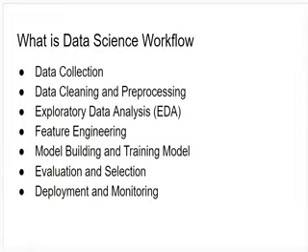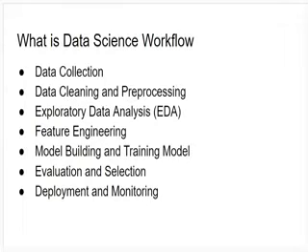Then next comes model building and training. Model building and training involves selecting a certain kind of algorithm and then training it on the data set that you have got after all these stages. The selection of this algorithm and training of this algorithm on the data set is called model building and training.